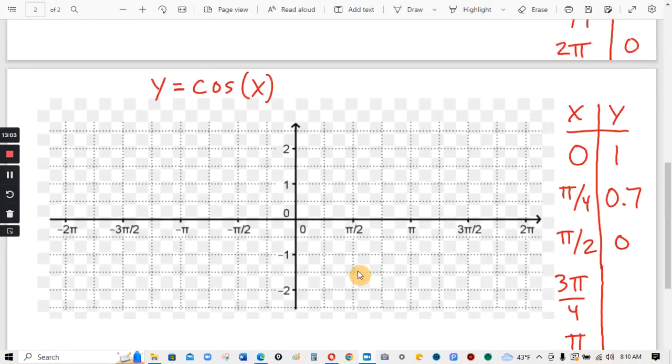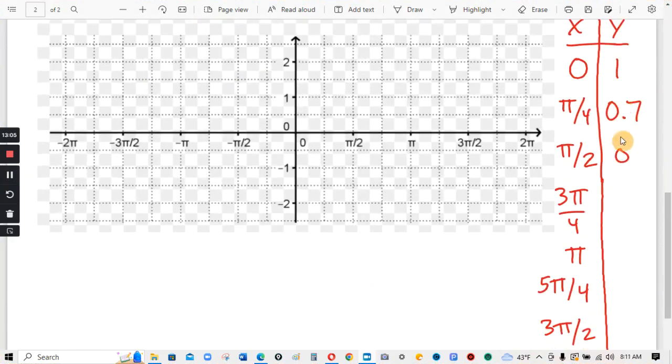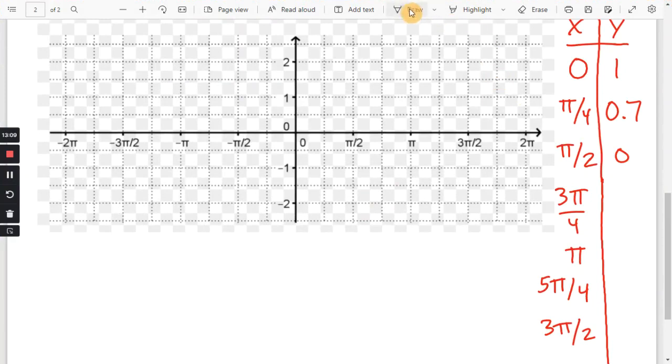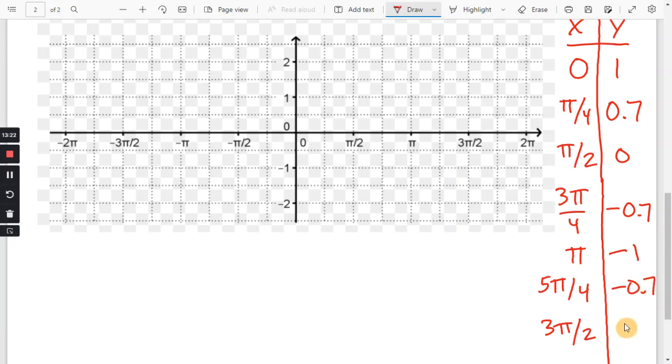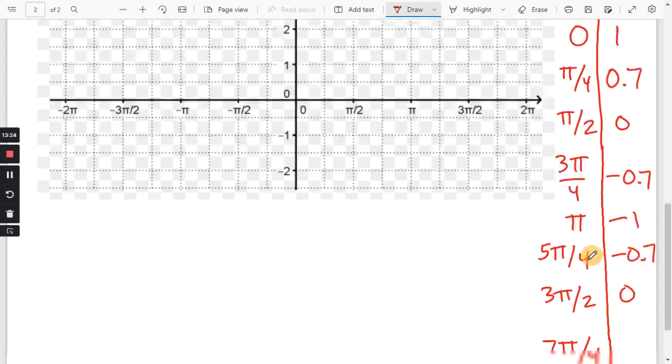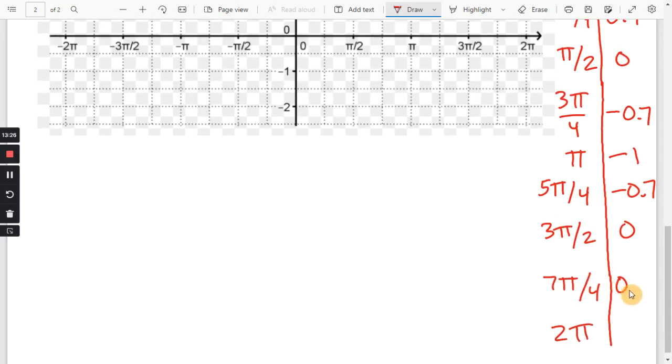All right, so here it was headed down, and here it is negative 0.7. All right, and then at pi, it bottoms out at negative 1. Then it heads back up to negative 0.7. All right, back up to 0. And then positive 0.7. And then back to 1.